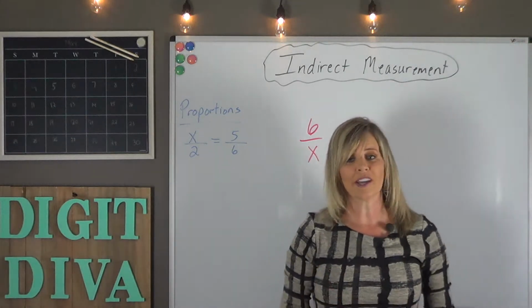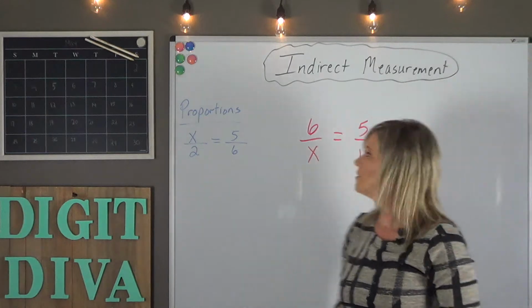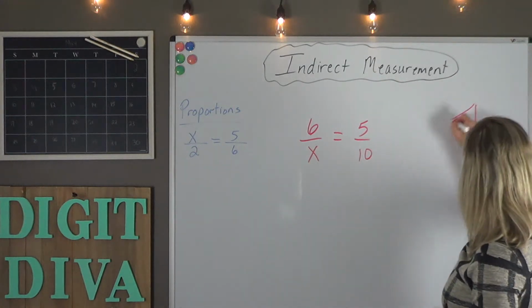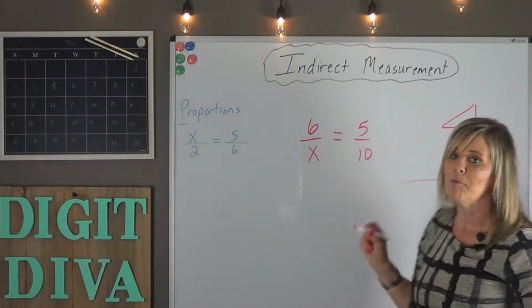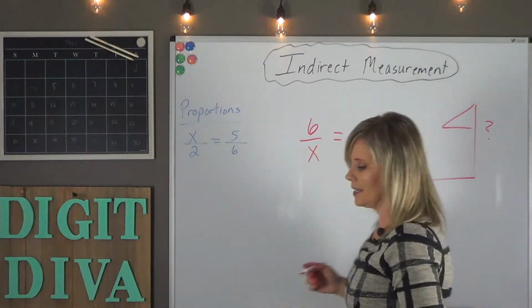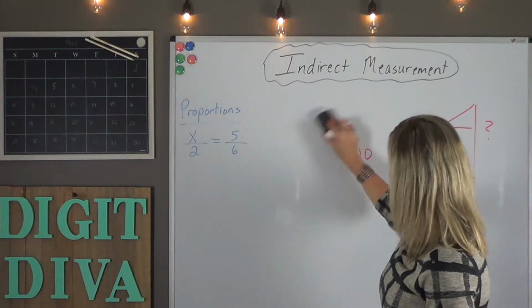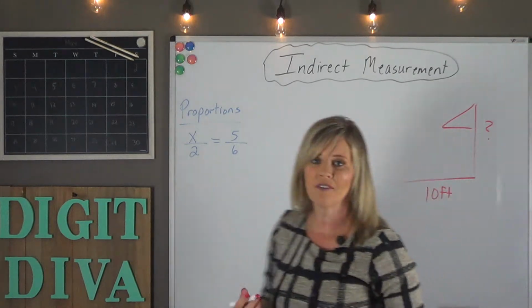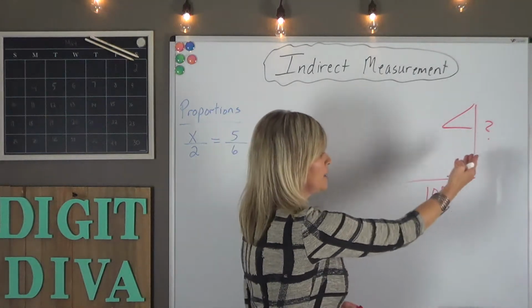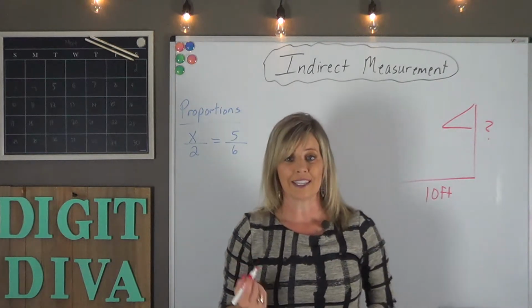Again, if you look at the picture, the height of the flagpole is unknown, but its shadow given is 10 feet. Let me scoot that down for a minute. So we have a flagpole, and the height is unknown, but its shadow is 10 feet.